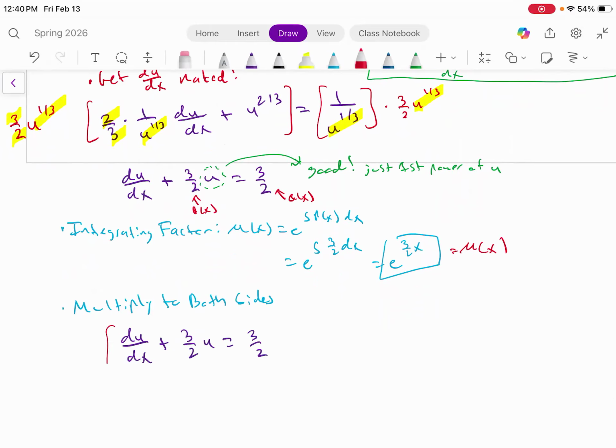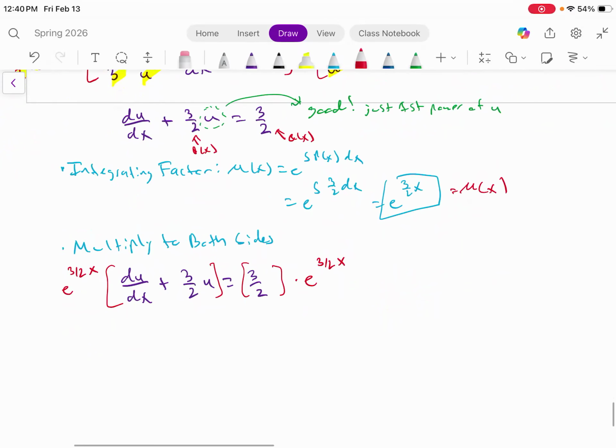I'm going to multiply both sides by e to the 3/2 x. And what we get is e to the 3/2 x du over dx plus 3/2, and I'm going to write it like this, e to the 3/2 x times u equals 3/2 e to the 3/2 x.